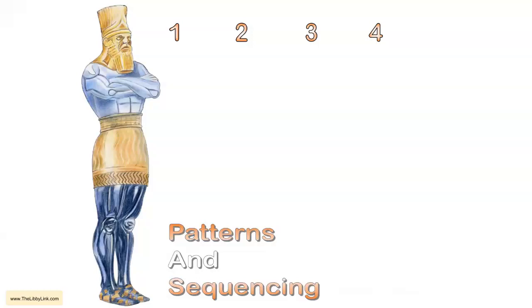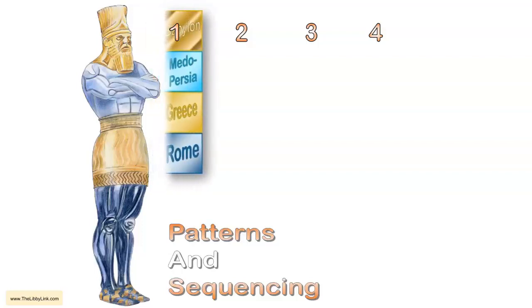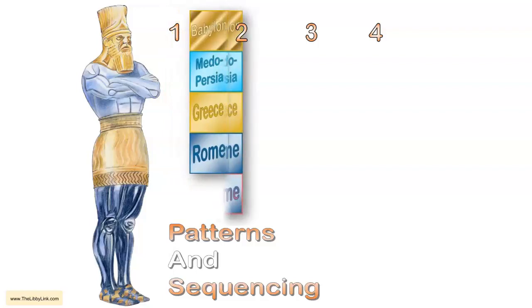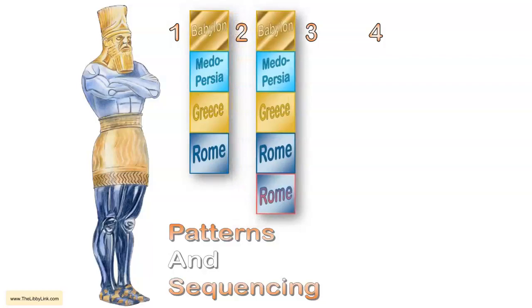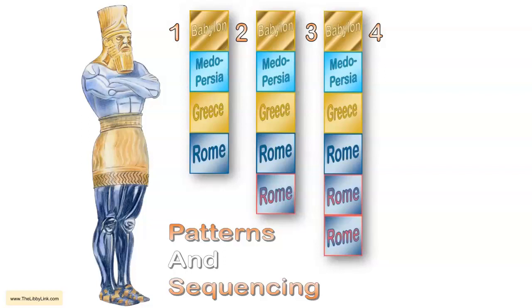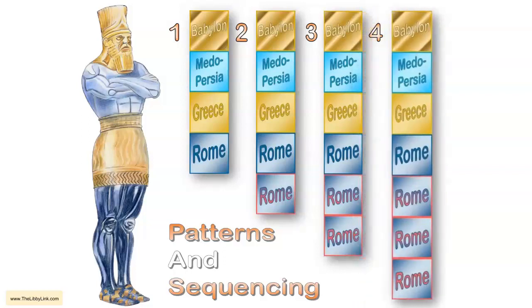So tonight I wanted to open up with a review of what we went over last Tuesday, looking at patterns and sequencing, because I got some feedback and some questions, and so I wanted to review that so there would not be any kind of confusion, because this was a beautiful layout that Charlene did to help us see the patterns and sequencing in the book of Daniel that I had never seen before.